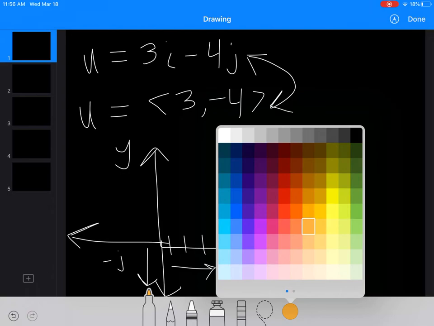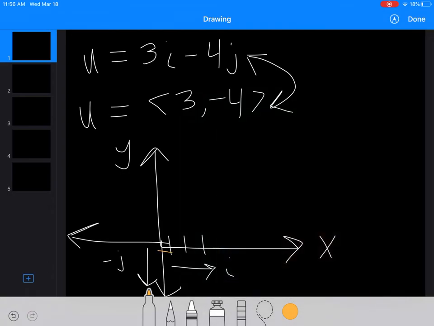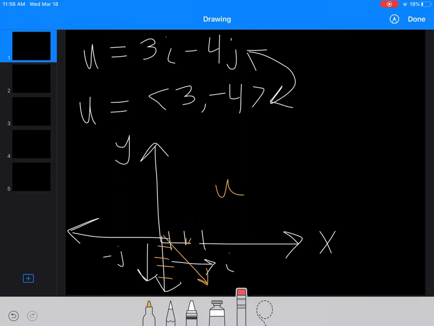So it'll be over 3 and down 4, 1, 2. So that is what vector u will look like graphically. So we can just go back and forth here.